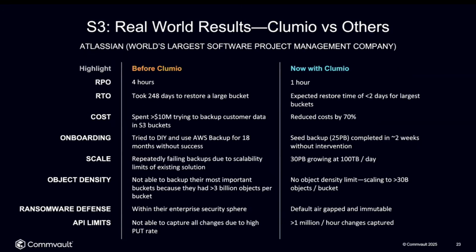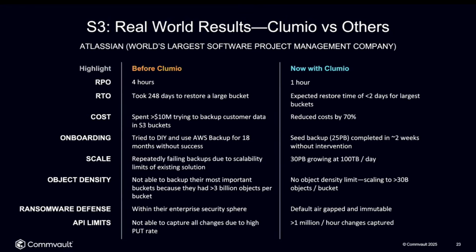They were spending more than $10 million to back up all of their data, and they were repeatedly failing to scale due to the 30 billion object scale. At that time, they were trying to DIY a solution using cloud-native backup solutions in AWS, and 3 billion was the maximum scale they could hit in a single bucket.